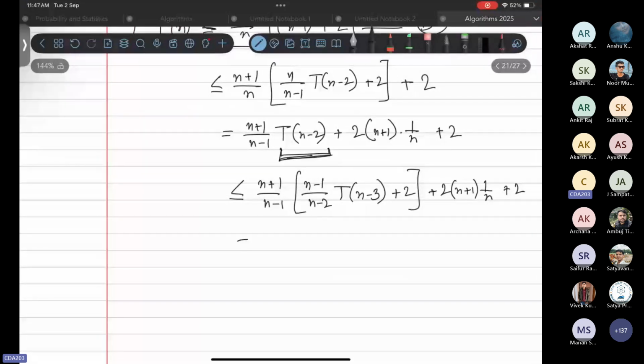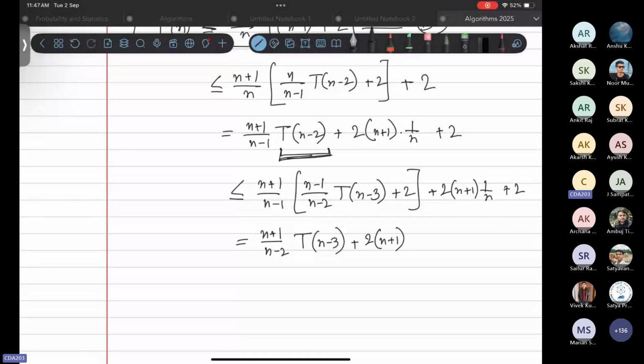This is equal to n plus 1 by n minus 2, t of n minus 3, plus 2 times n plus 1 divided by n minus 1.